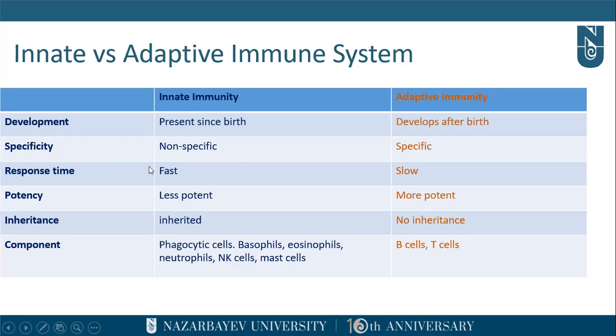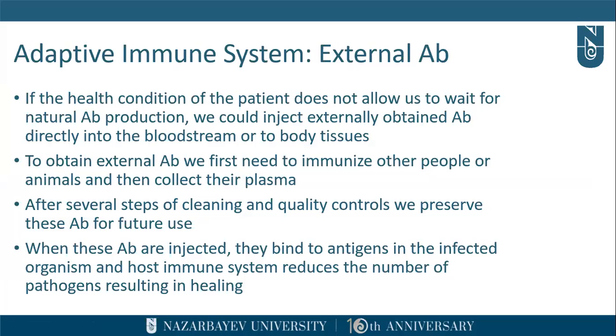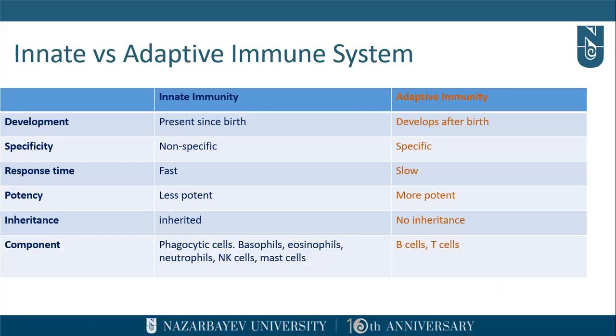Okay, so response time with adaptive immunity is slow, whereas with innate immunity it is very rapid. So here is just a quick overview. And what do you mean by potency? Potency means efficiency, because this innate immunity is for everyone, no matter what kind of pathogen.